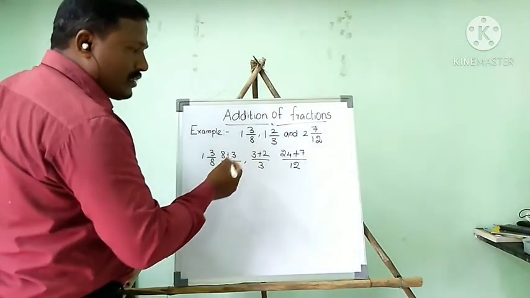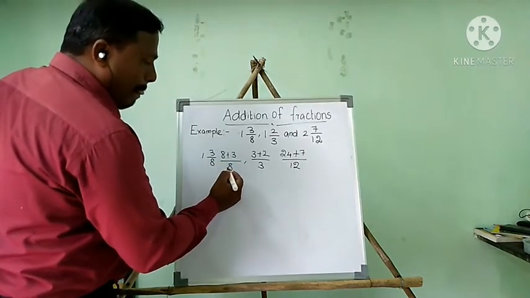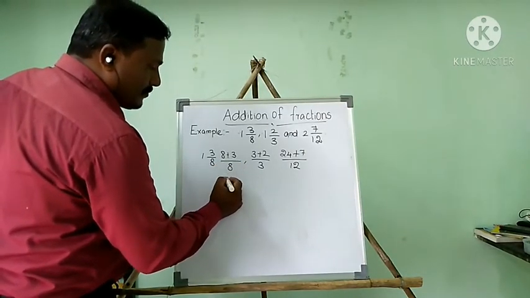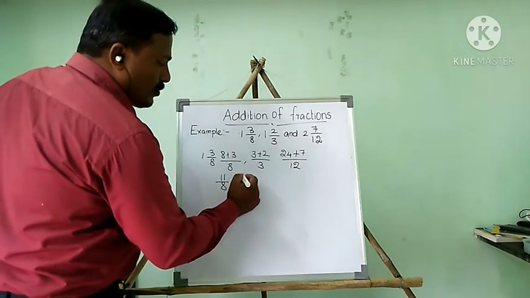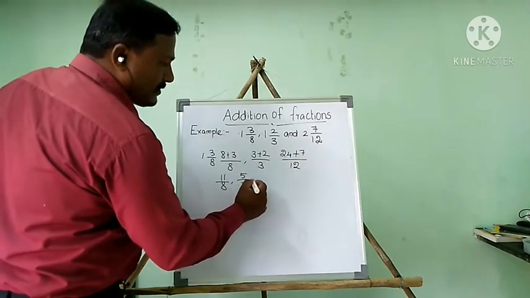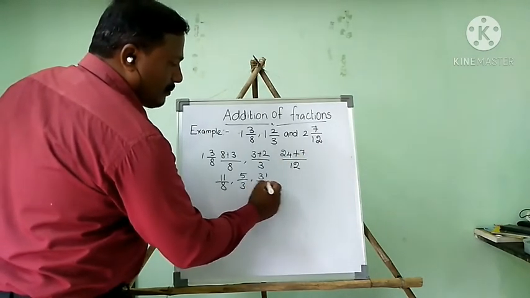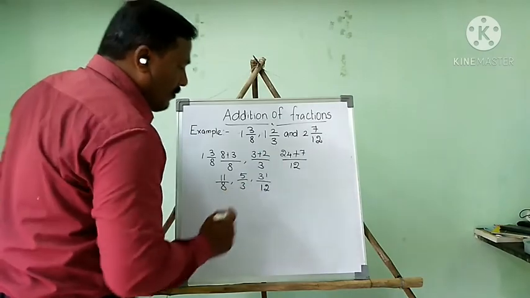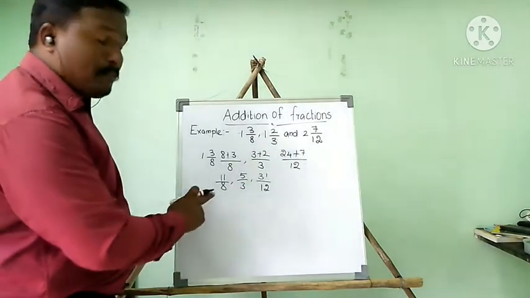Okay. So now I am going to add this. So 8 plus 3, 11. Okay. 11 by 8, comma, 3 plus 2, 5 by 3, comma, 24 plus 7, 31 by 12. So now it's not a proper fraction, it's an improper fraction.